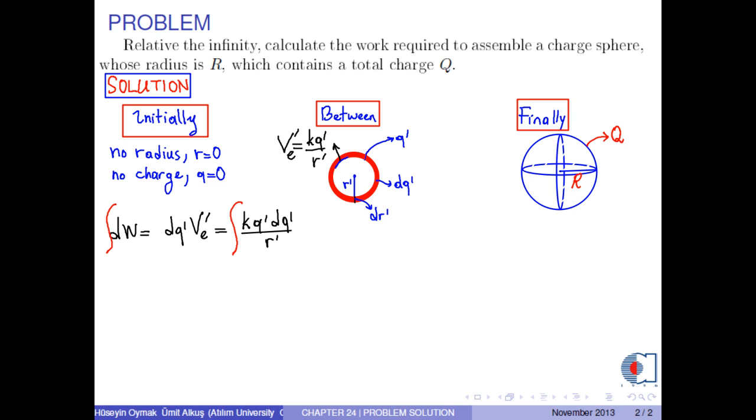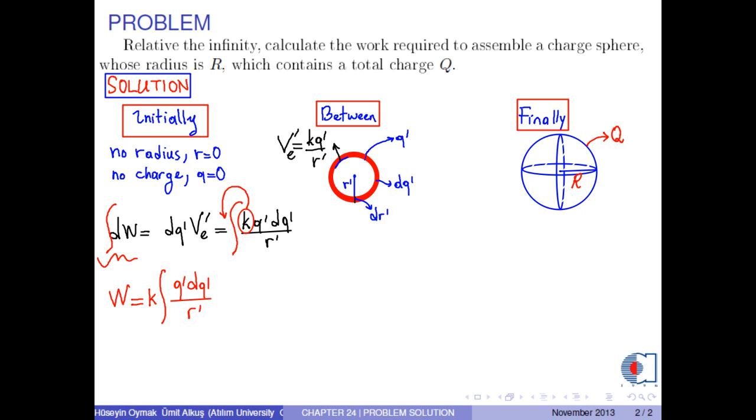Now we can integrate both sides. Here, k is constant and it can be taken outside the integral sign. In order to calculate this integral, let's find an expression for dq' in terms of dr'.